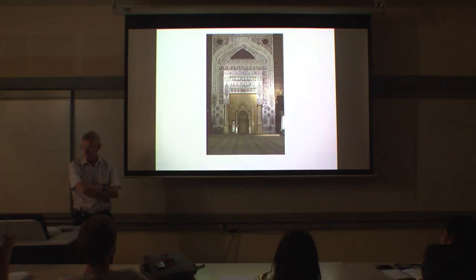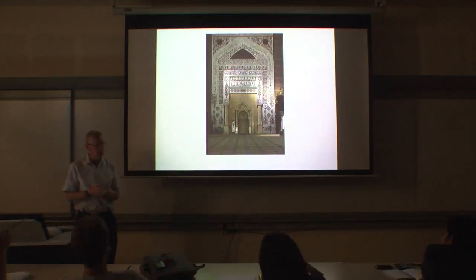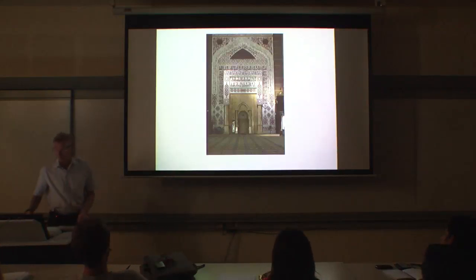It stops once you get around the niche. Yeah, it doesn't go all the way to the bottom, and they haven't framed the different elements. They haven't really separated them with vertical or horizontal elements the way you have in other mosques. So it looks a little bit cluttered for that reason, I think.